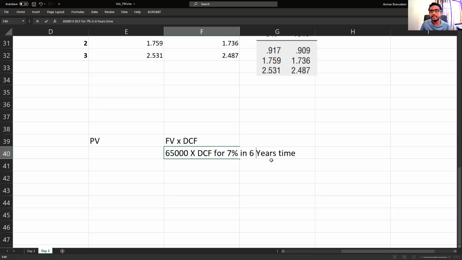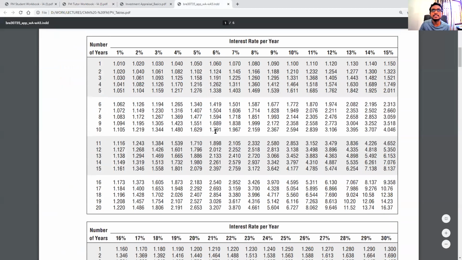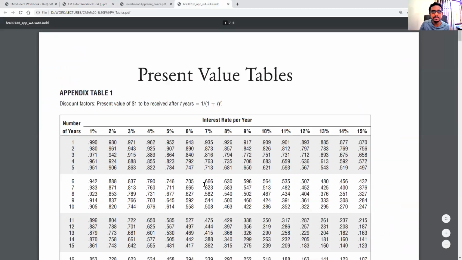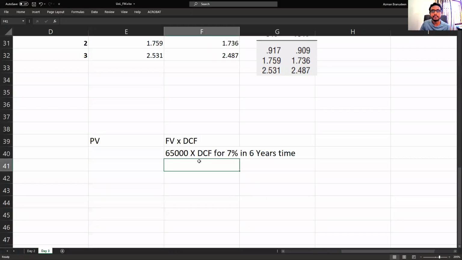So what is the discounting factor, 7% in 6 years' time? Go to the PV table. 7% 6 years' time is 0.666. So it's 65,000 into 0.666, 43,290.